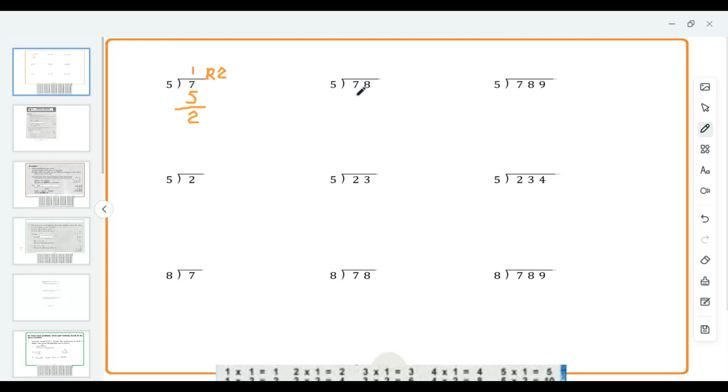Next one, 75 divided by 5. There's 1 5 in the 7. So 1 5 equals 5. 7 take away 5 equals 2. 2 is too small for the 5, so 8 comes down.